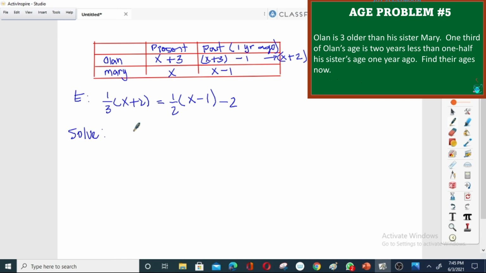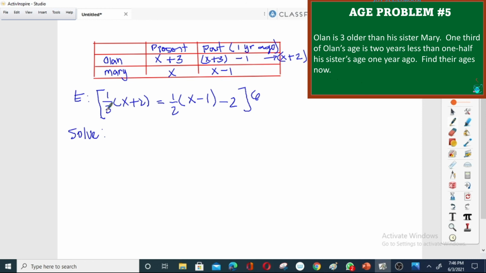So this is a fraction, so first we need to multiply by 6. Let us multiply this by 6 to get rid of the denominator.